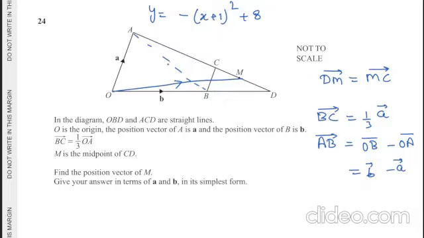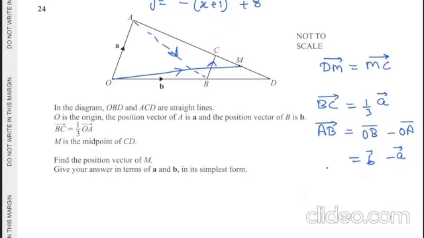So now in the triangle ABC, we know AB, we know BC. Can we write AC? Yes, of course. AC will be equal to AB plus BC.